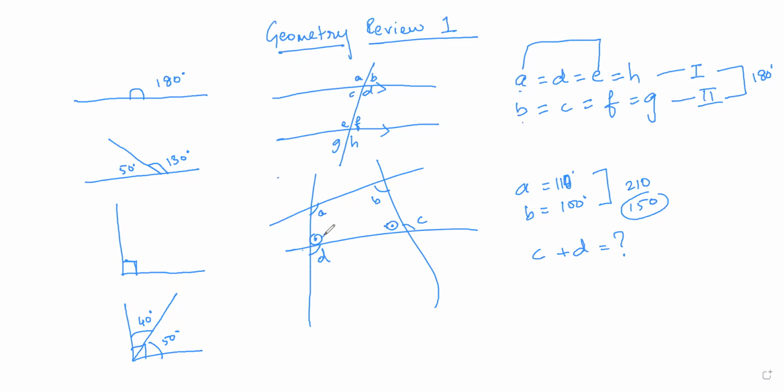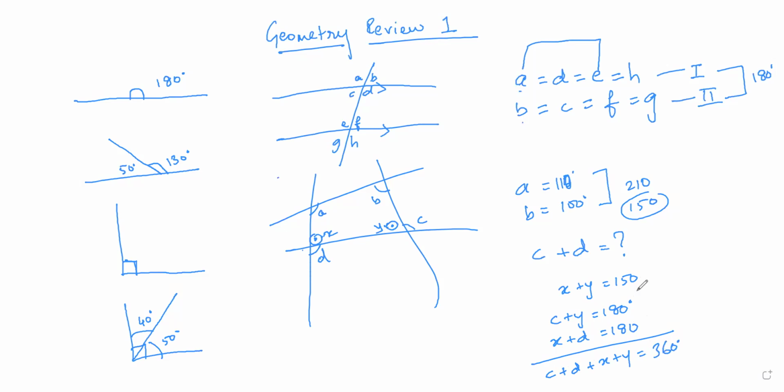So let's just say that this was X and this was Y. And I know X plus Y is 150. So I can say that C plus Y is 180. I can say X plus D is 180. If I add them all up, then what do I get? I get C plus D plus X plus Y is equal to 360 degrees.